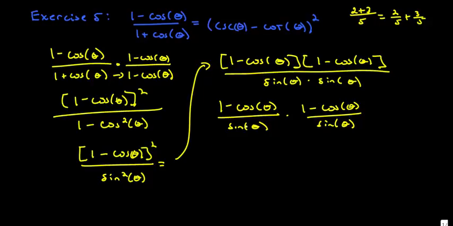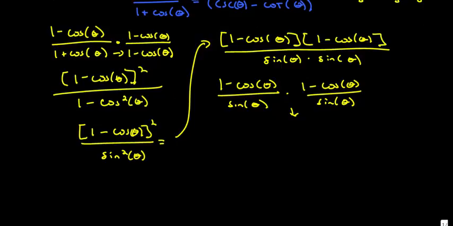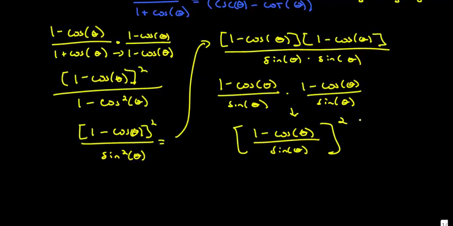I've got the same thing twice, so I'm going to write it squared, because if this was x and this was x, then I'd have x squared.